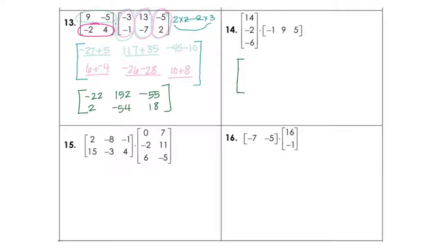And so when you multiply these out, this one seems a little tricky because you've only got one element and one element. So when you multiply those, you're going to get negative 14. Then you go to the next element, you're going to get 126. The next element, that's going to give you 70, and you're finished with that column.